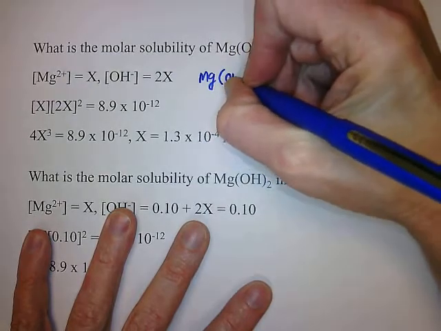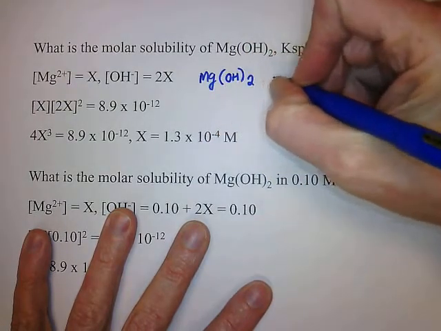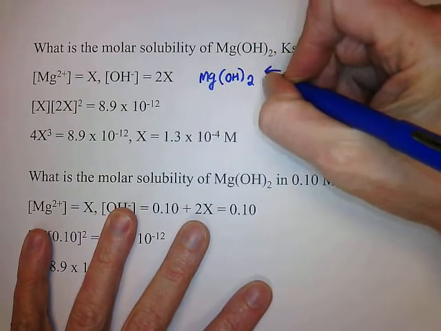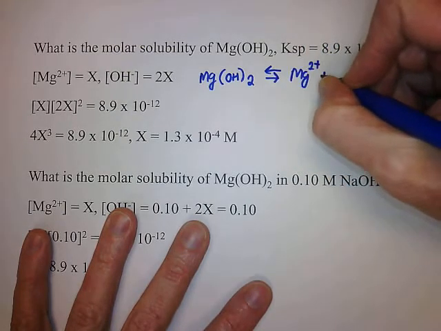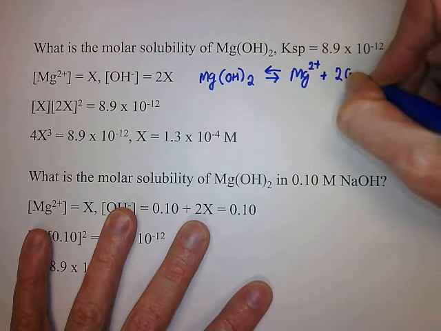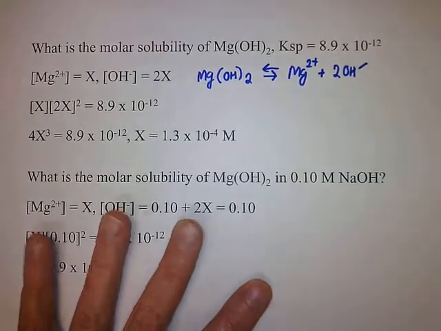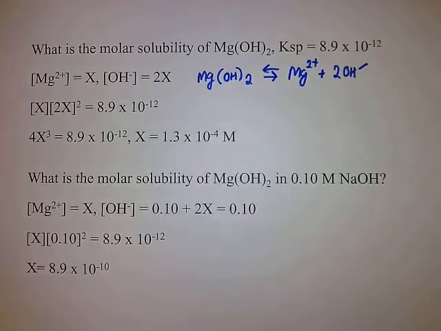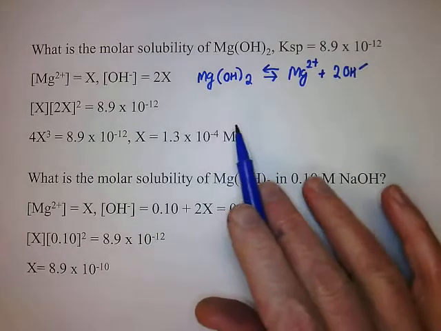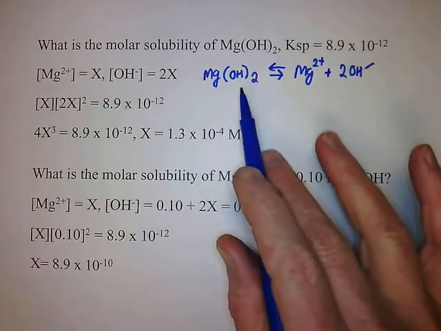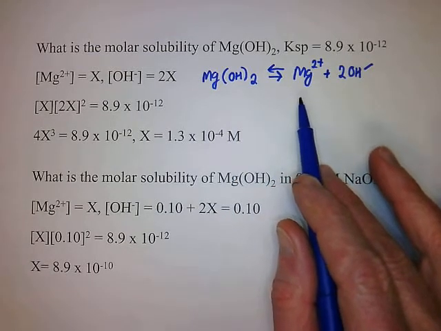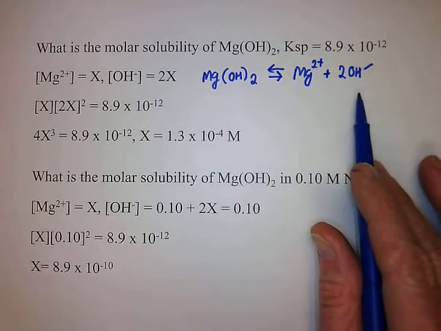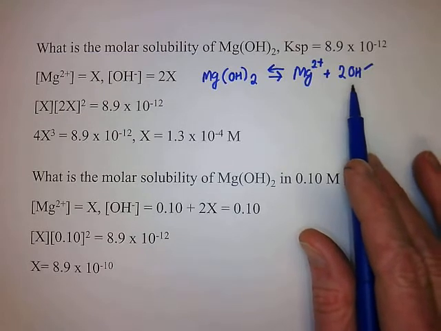That's going to dissociate to give us 1 magnesium ion plus 2 hydroxides. Okay, so if we let X represent the moles of this to dissociate, we'll get X moles of magnesium and 2X moles of hydroxide.